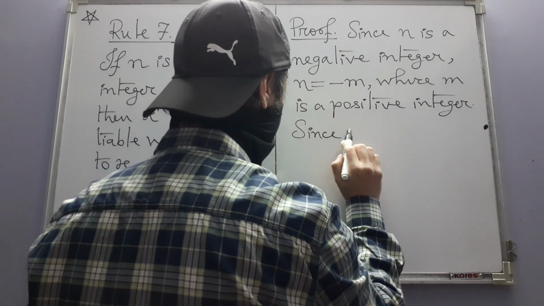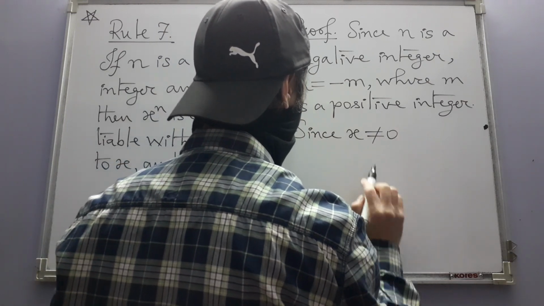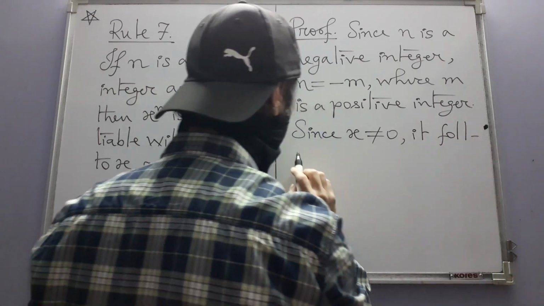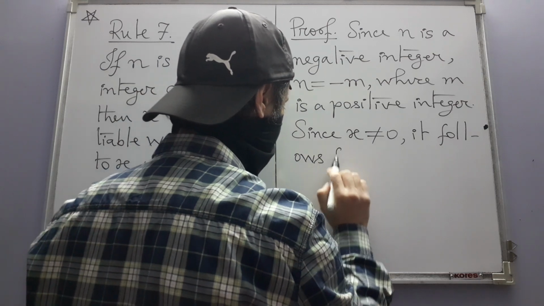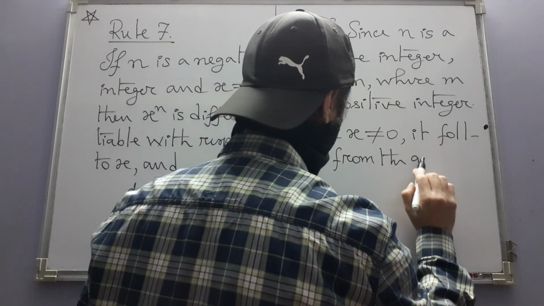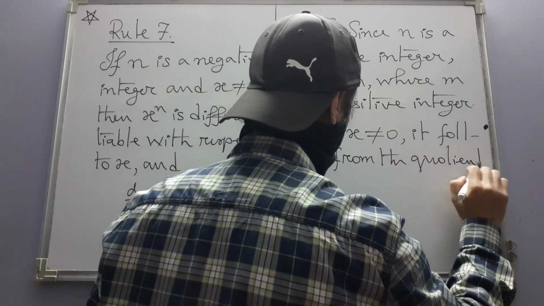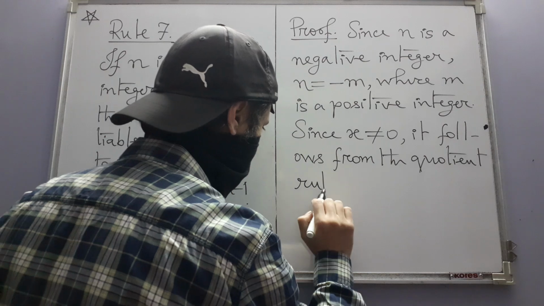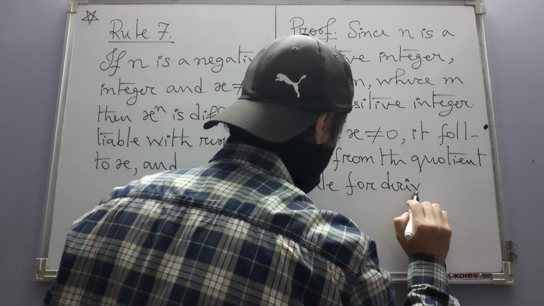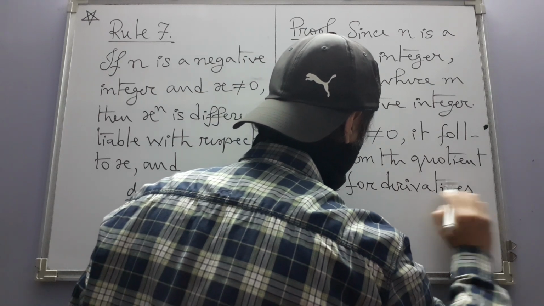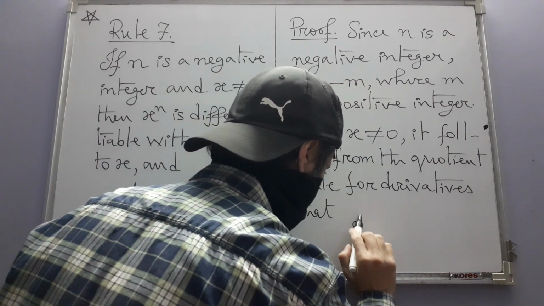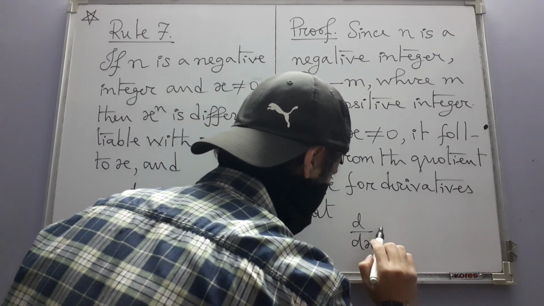Since x is not equal to 0, it follows from the quotient rule for derivatives that this exists.